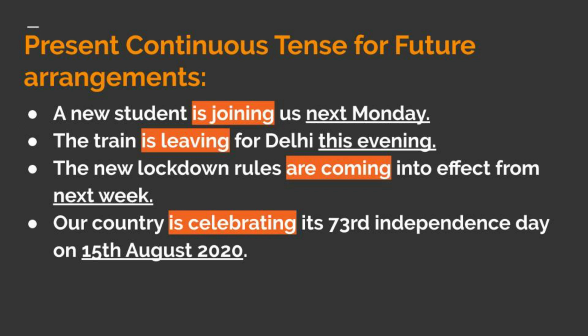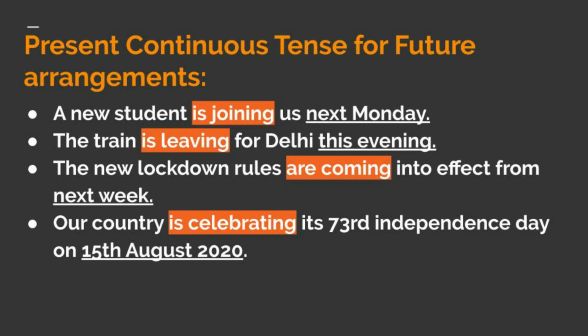Our country is celebrating its 73rd Independence Day on 15th August 2020. You see, all these sentences have present continuous tense, but talking about future with a clear specified time or date. So we must keep in mind when we're using present continuous, let us also specify the time or the date along with that.